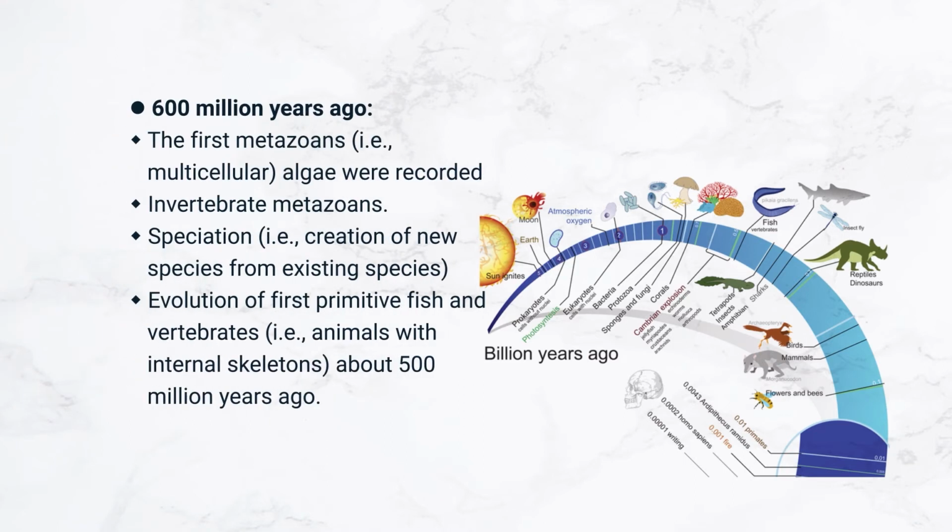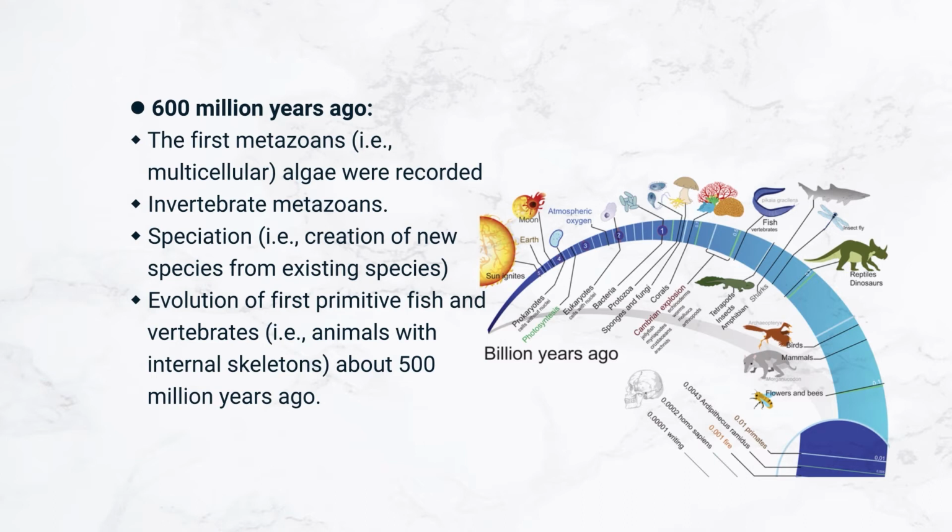As we know, around 600 million years ago, the first multicellular animals, which we call metazoans, were recorded, followed by the first invertebrate metazoans. Then suddenly a burst in speciation, meaning the creation of new species from existing species, occurred. That led to the evolution of the first primitive fish and vertebrates.